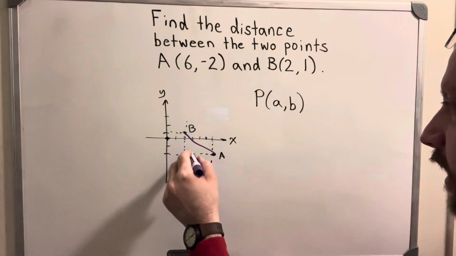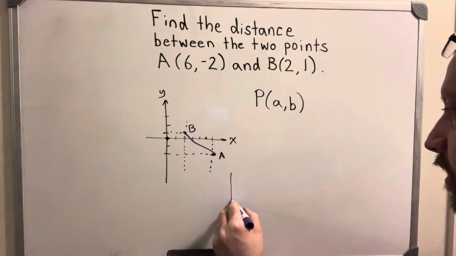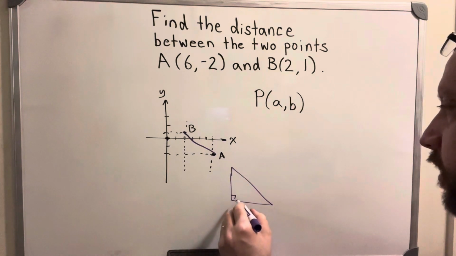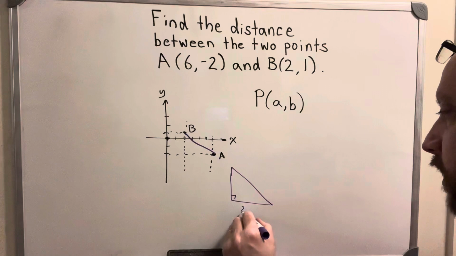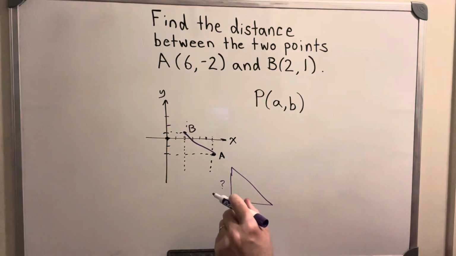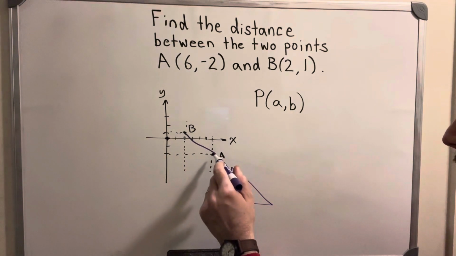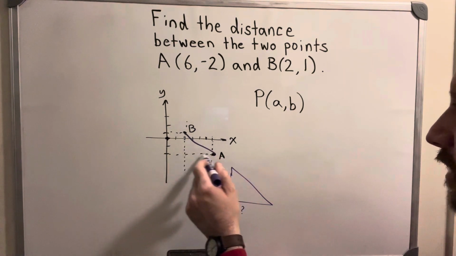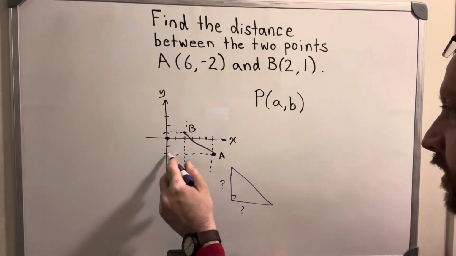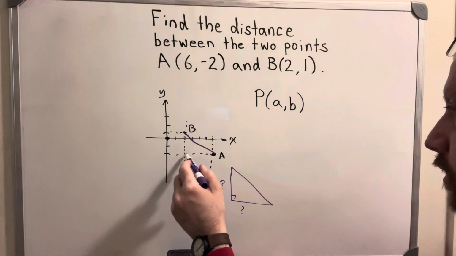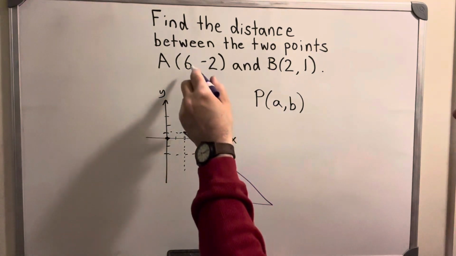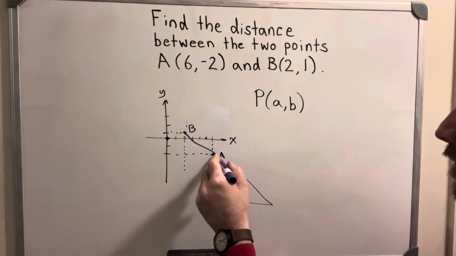So what you can see here is very much a form of right triangle. The only question is, we've got to figure out what is this and what is this. Luckily, we have the ability to find that because this length right here is all on, as you can see, the y position -2. And we know that this coordinate A's x position is 6.